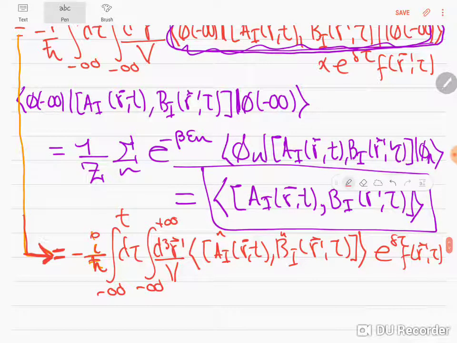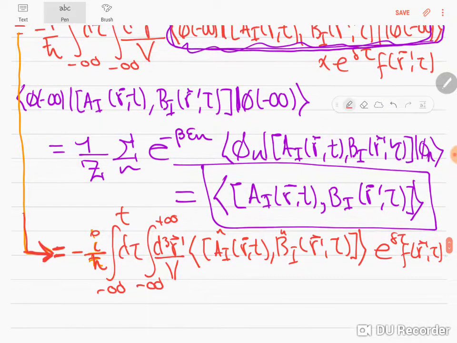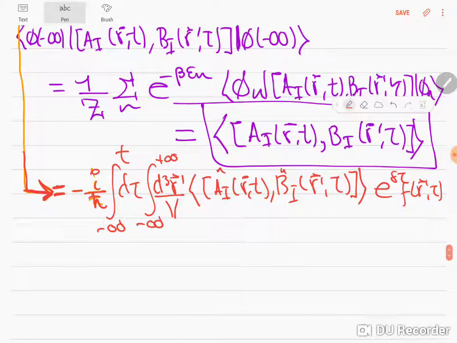There's this question: what else can we do with this? There's one small thing that we can do. Let's say we want to have both of these integrals go to minus infinity, but the integral only goes up to t.